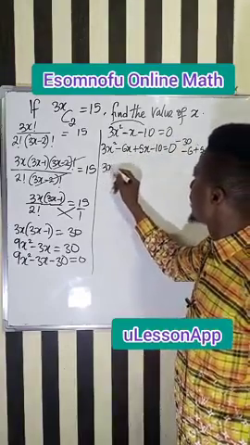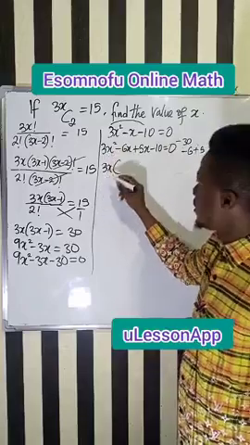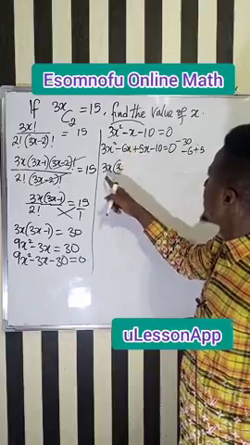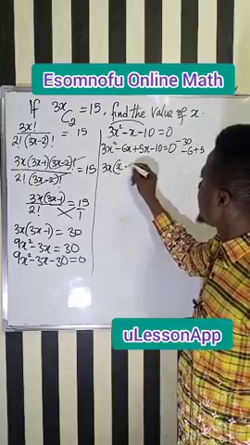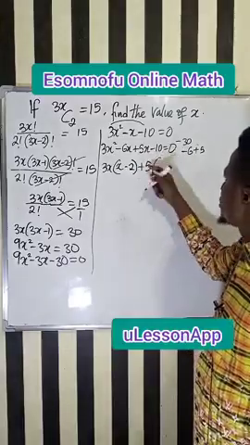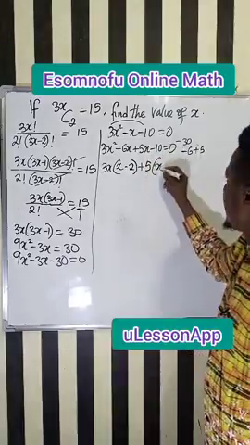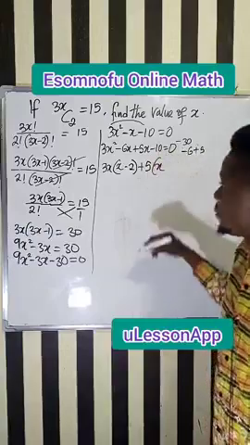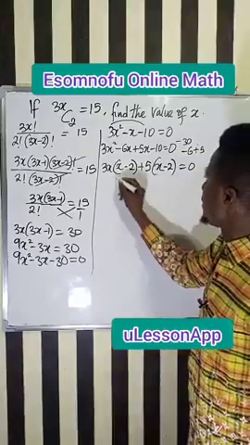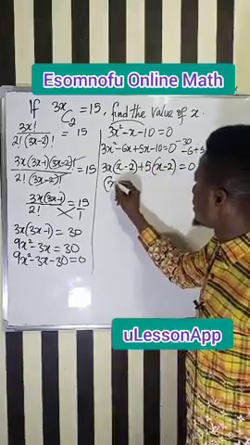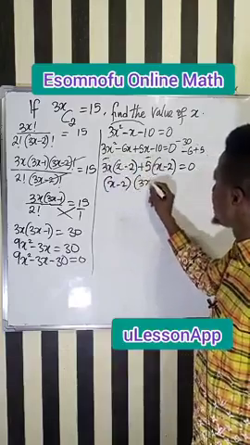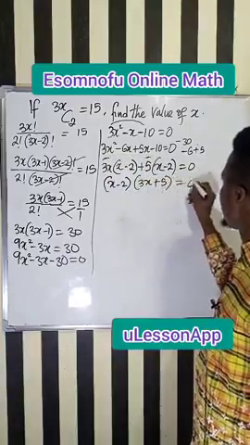You factor out 3x: 3x squared divided by 3x is just x. Minus 6x divided by 3x is minus 2. Plus 5 is common here. You write your 5 into 5x divided by 5 is x, minus 10 divided by 5 will give us minus 2, everything equal to 0. Now you can factor out the common term, which is x minus 2, remaining 3x plus 5, everything equal to 0.